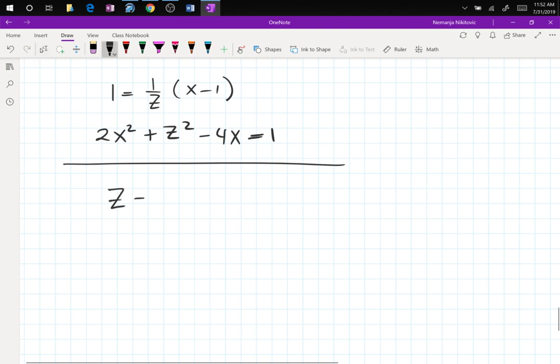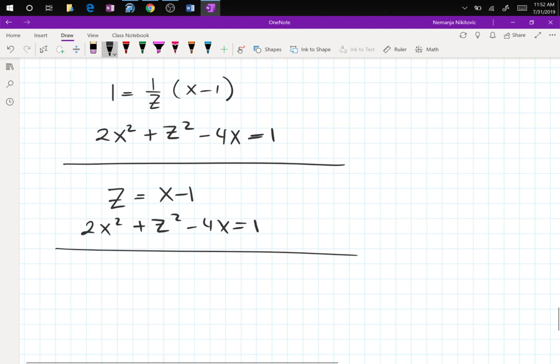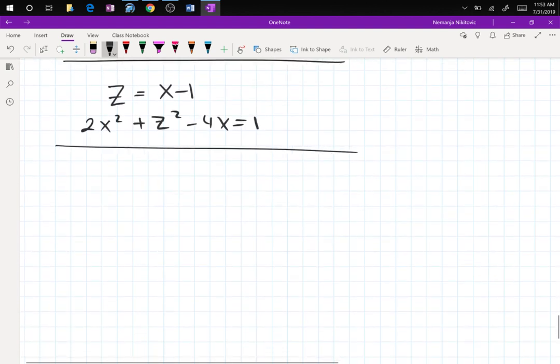I have z equals x minus 1, and I still have 2x squared plus z squared minus 4x equals 1. Again, two equations completely independent of what happened before. This could be a start of a new problem. Plug in.